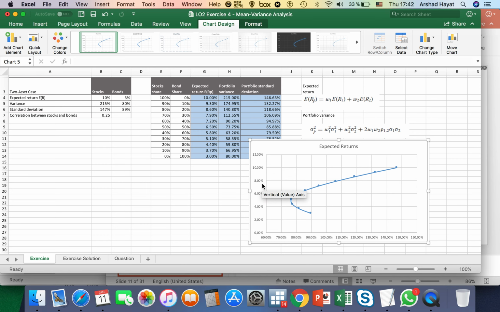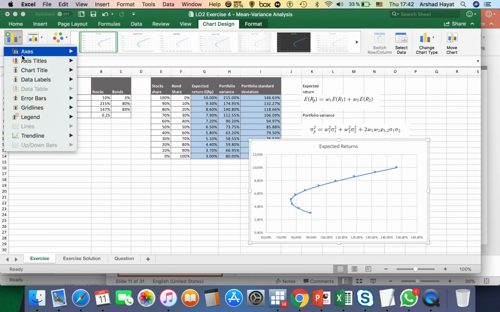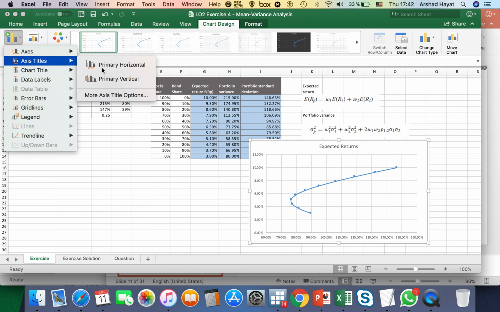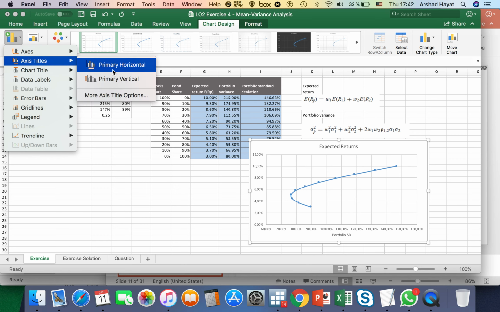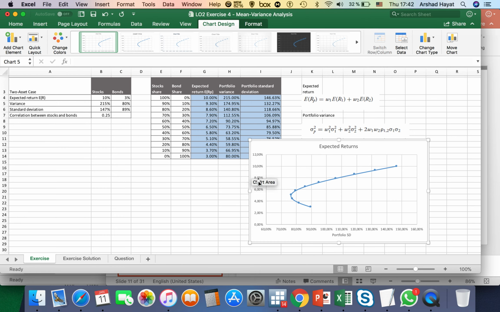You can also apply some axes titles here, so we can write that this is our portfolio standard deviation. And we can write here that this is our expected return.